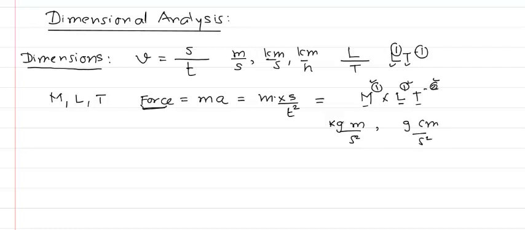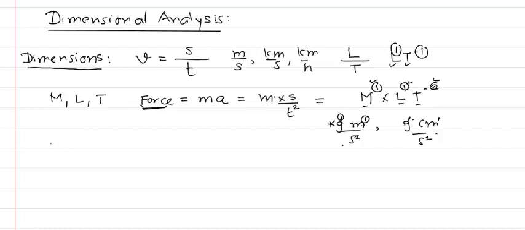And we've seen that the dimension of mass is 1 over here, meter 1, and centimeter also 1, time 2 and 2. So what we see is the units change. From kg it becomes gram, from meter it becomes centimeter, but the dimensions, these powers, don't change. So that's a thing that we need to know, that the dimensions of physical quantities don't change. The units may change, but dimensions don't change.